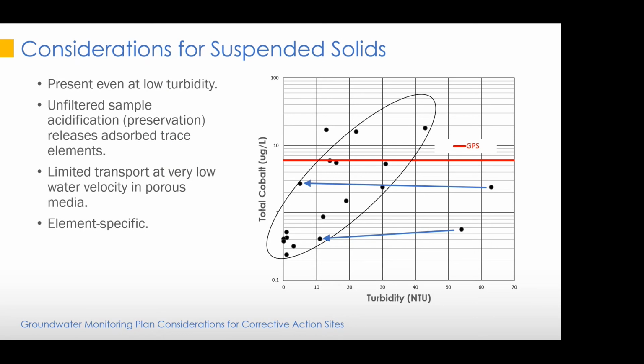In fact, these are deeper aquifer wells. So in the deeper aquifer, you see no relationship between the turbidity and the cobalt, but that's due to the stratigraphic setting of where the wells are. So you have to parse through the data fairly carefully to make sure you're looking at the right information.